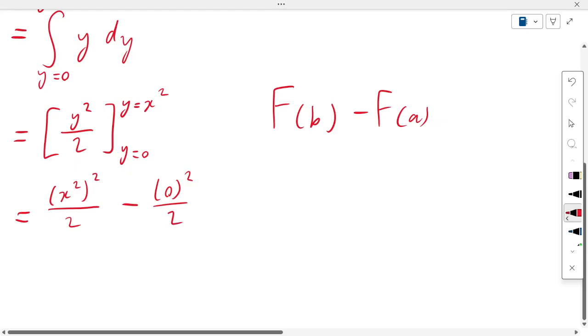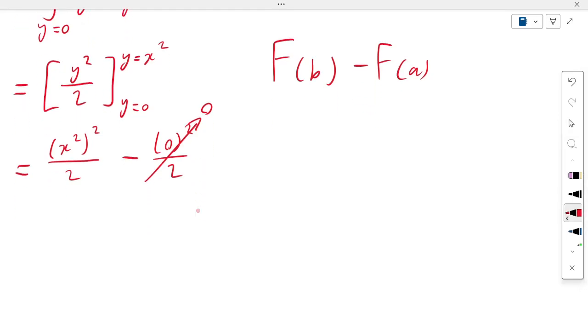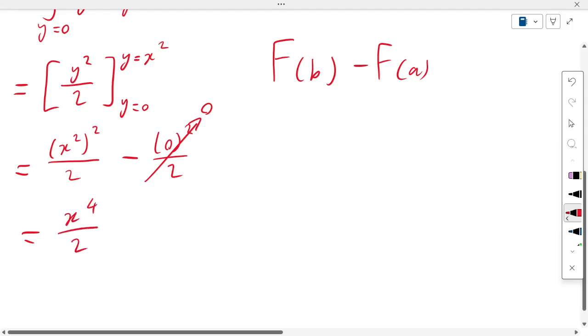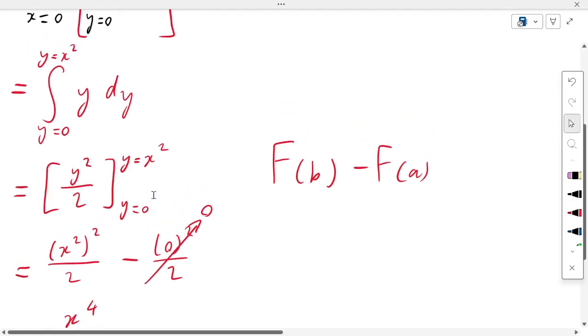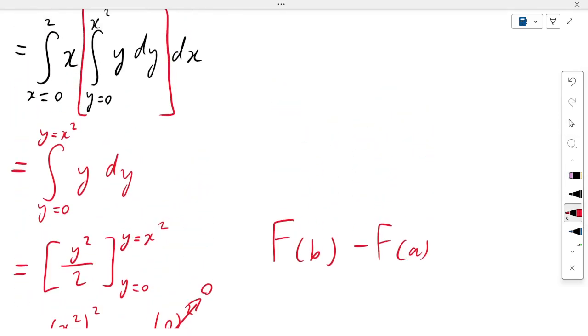We know that this gives us 0, and therefore we are just left with x squared all squared divided by 2, which we can write as x to the power of 4 over 2. So this is what we can plug into the middle of the integral that we had over here. I'm just going to cut to the part where I actually plug in all the stuff.